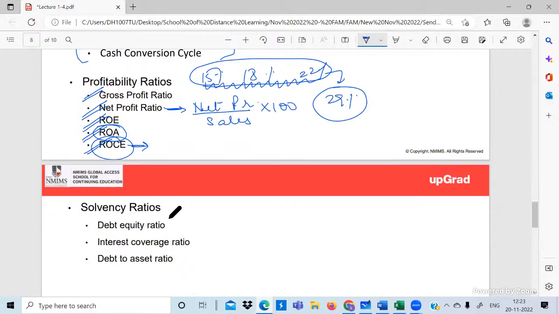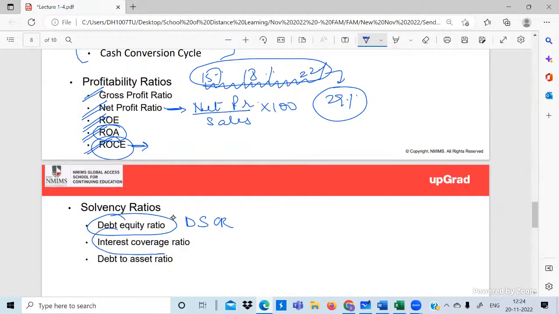Now, when you're looking at your leverage ratios or solvency ratios, the two most important ratios are the debt to equity ratio, and one more, which is known as DSCR, the debt service coverage ratio.